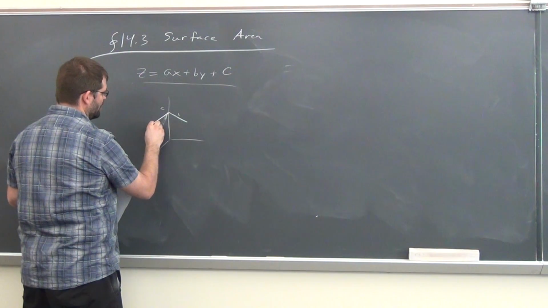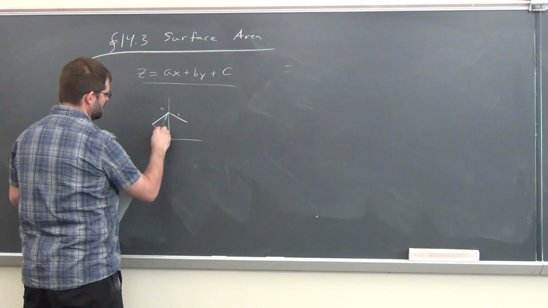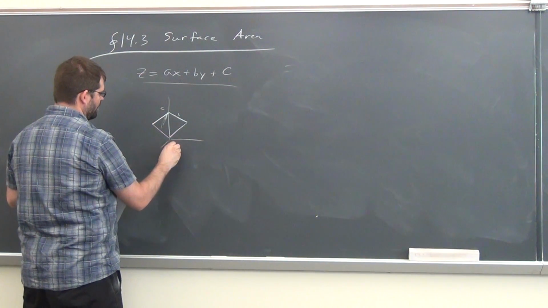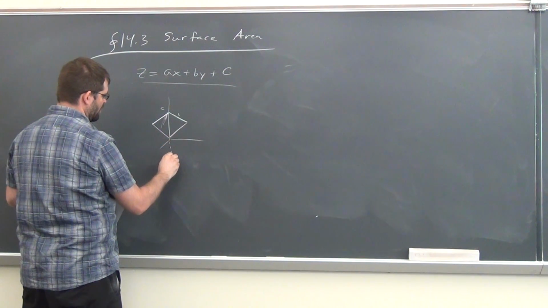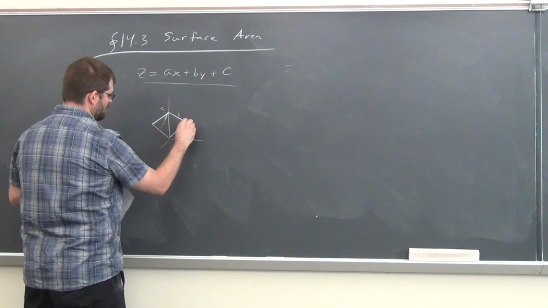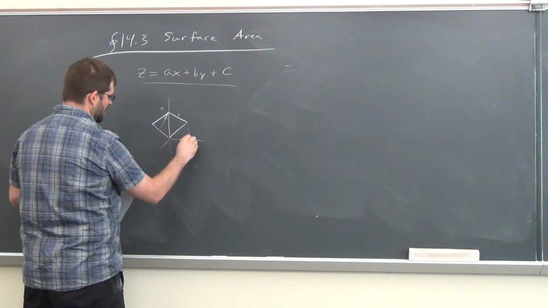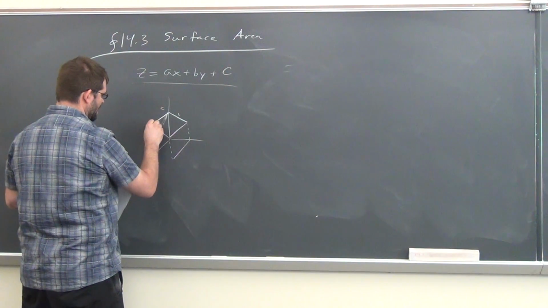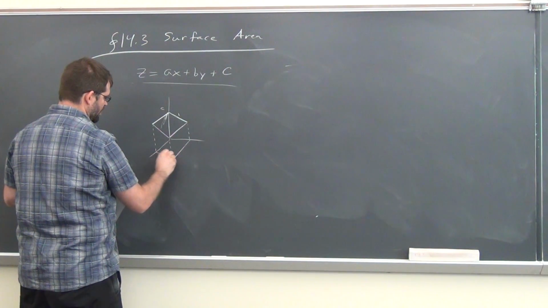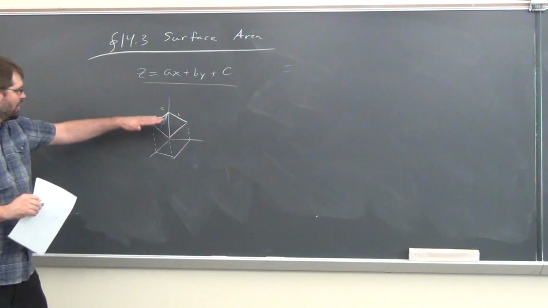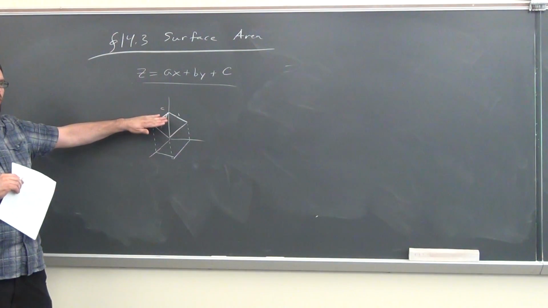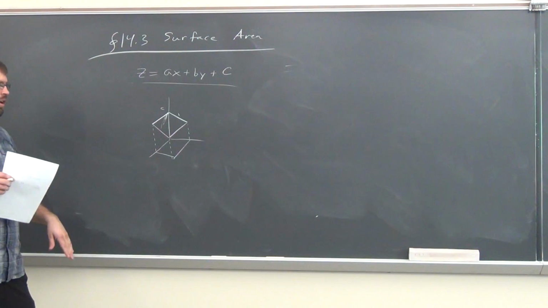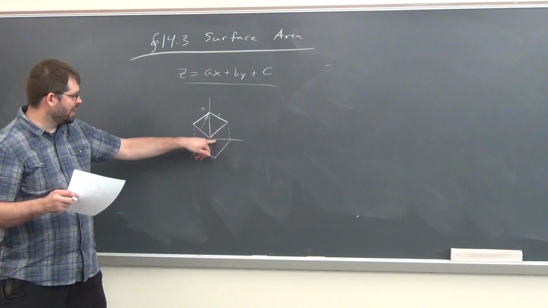So if you have just a piece of this solid, or a piece of this plane, I'm just drawing it here. It's going to sit above a rectangle right there, right? And so if you wanted to know what's the area of that, well, it's a rectangular piece down here.